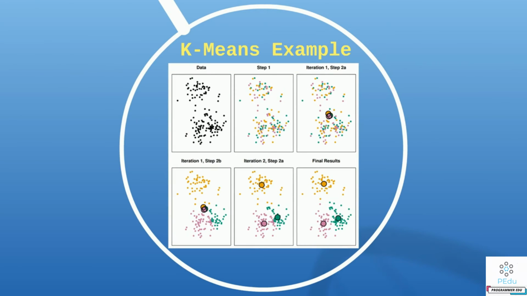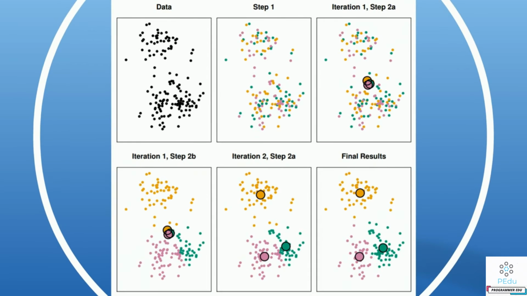So let's take a look at an example of this because it actually will help clarify how this works much better. So this image is a K-means example, and in the upper left you see our data. This is just a random distribution, randomly generated. All the points are in black, so we have no clusters yet. Step 1, we're going to assign them to random clusters. So that's all interspersed. For this example, we're picking 3 clusters, and then in our top right example, we randomly initialize our cluster centers. So we have 3 cluster centers.